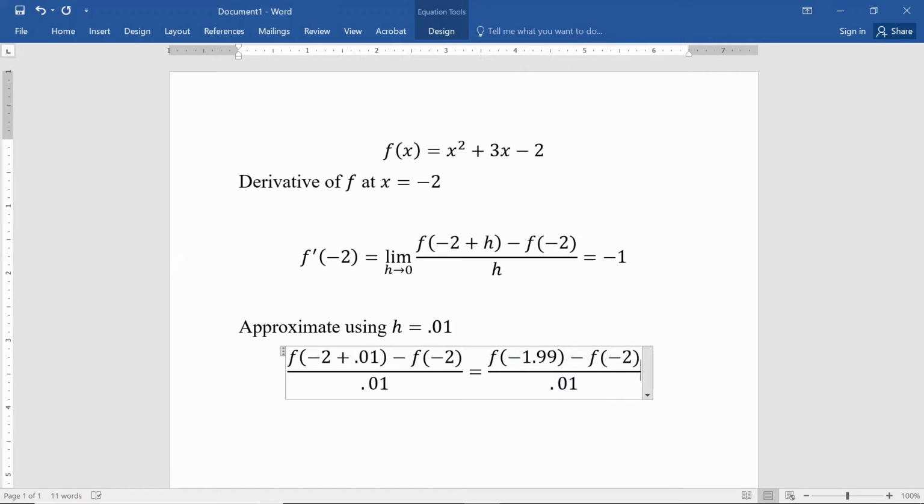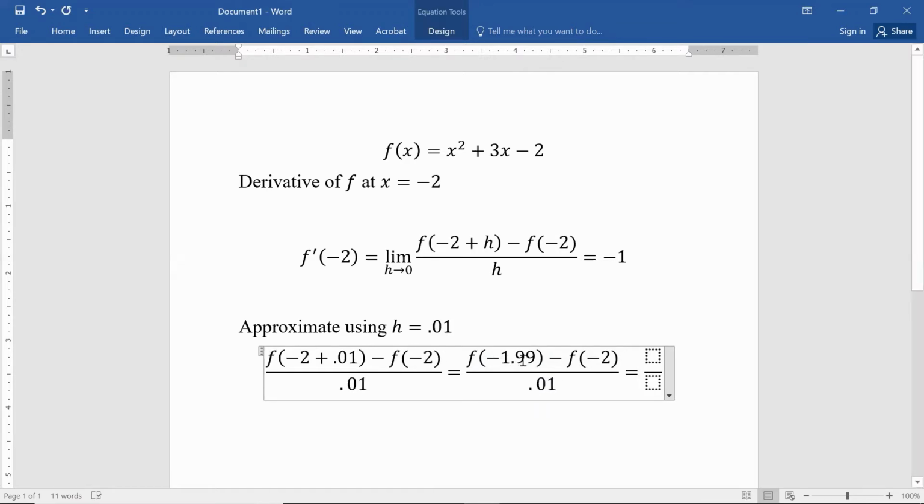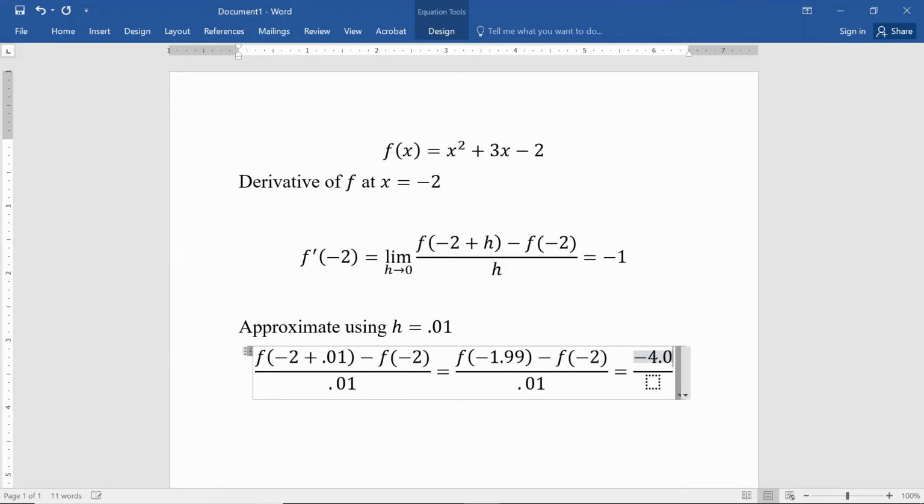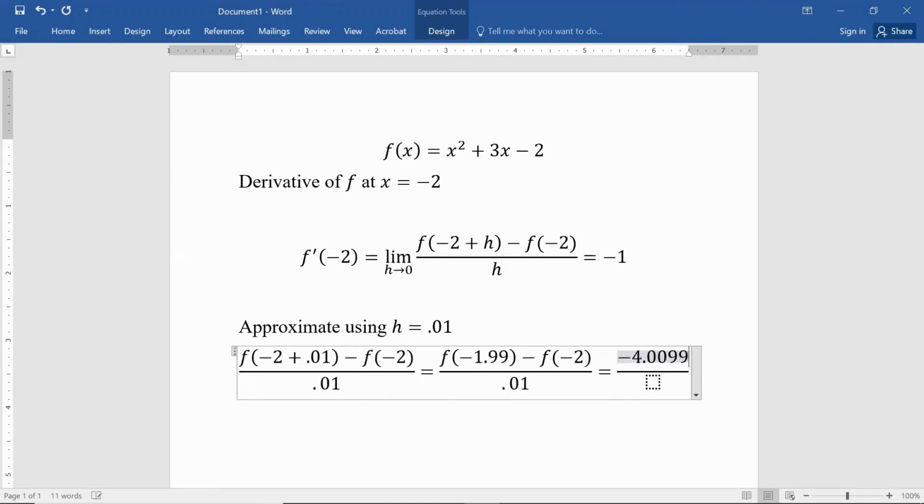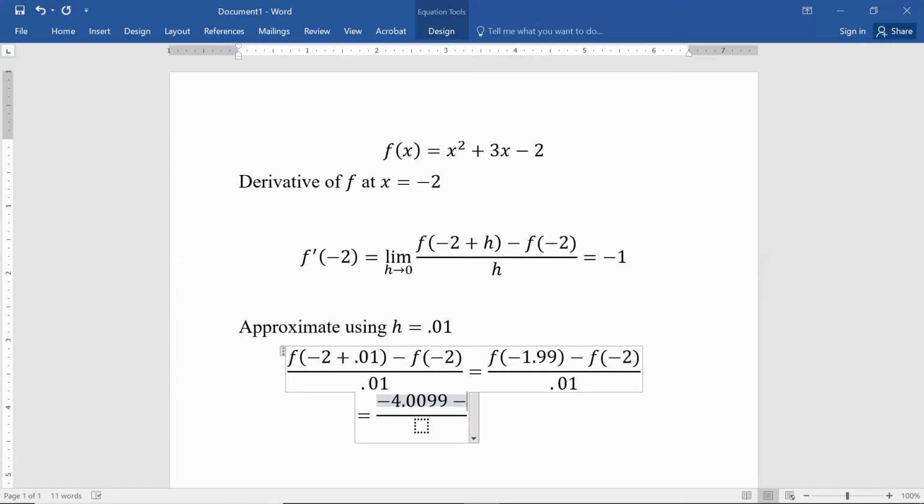If I plug -1.99 into my function, plugging that in gives me -4.0099. Plugging -2 into my function gives me an output of -4. And I'm still dividing by 0.01.